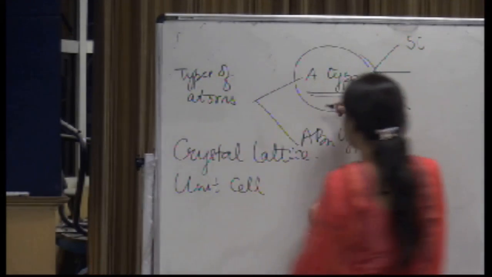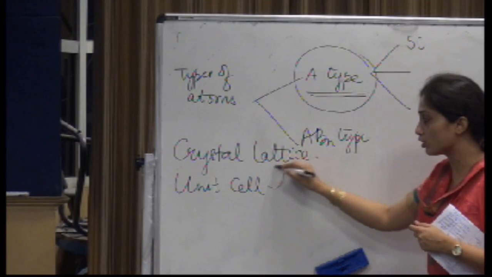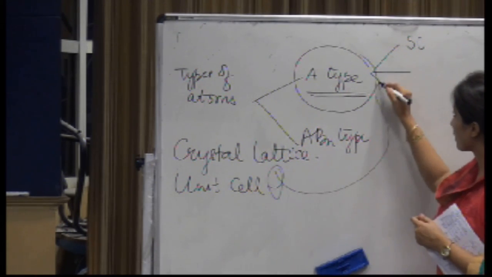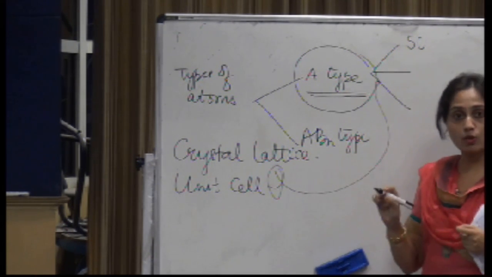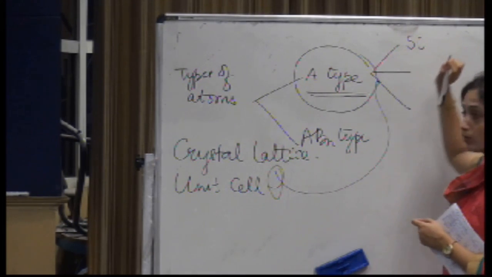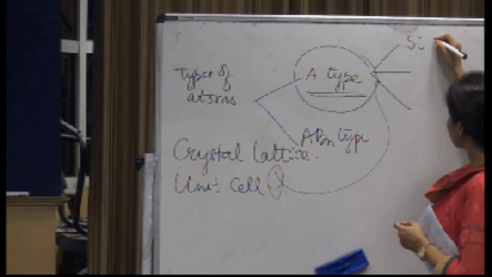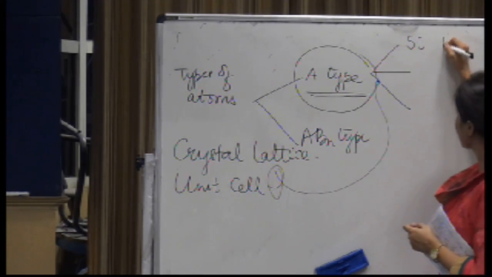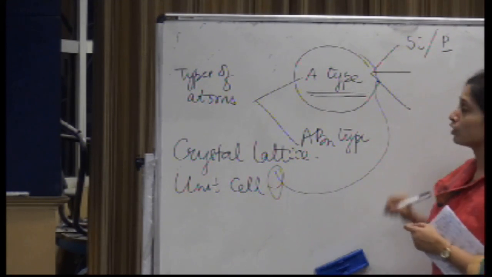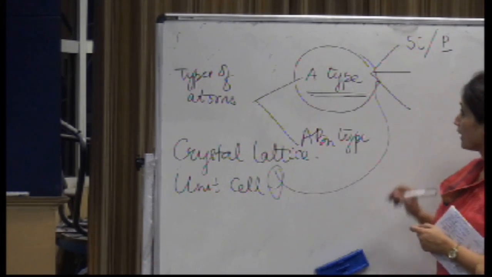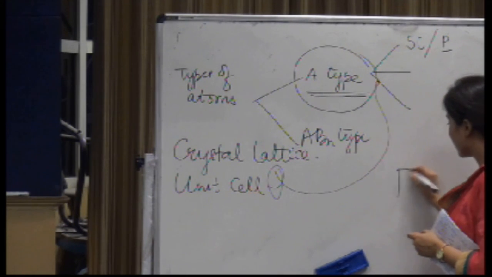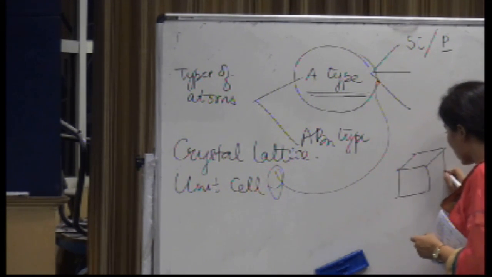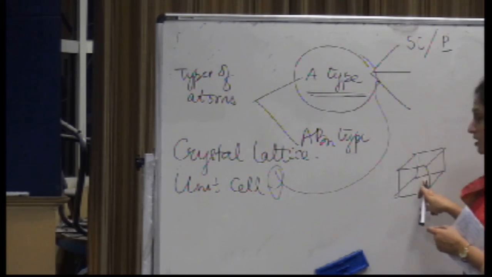Alright, now let's talk about the unit cell in particular. We talk about a simple cubic unit cell, which is also called the primitive cubic unit cell. What is the character like? This is your unit cell.